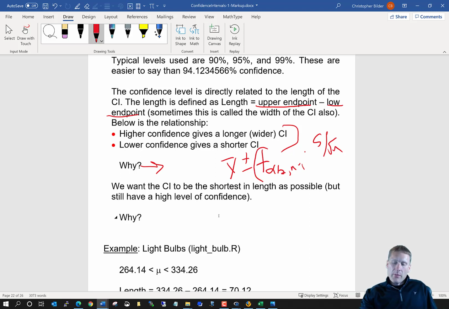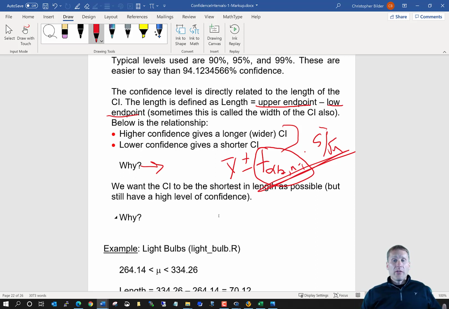And what that's going to mean is this t distribution value is going to go up because you need to get farther and farther out on that t distribution. And as that number goes up, I'm going to have a larger number here on the right side that I have to add to y bar or subtract from y bar. And that means the interval is going to get wider.